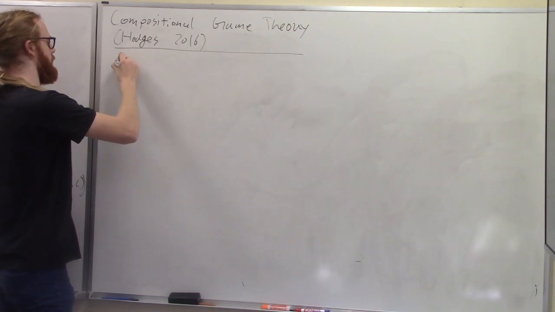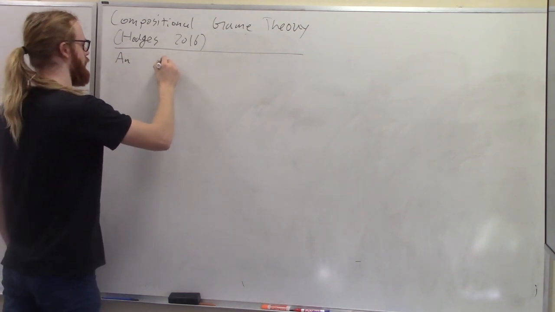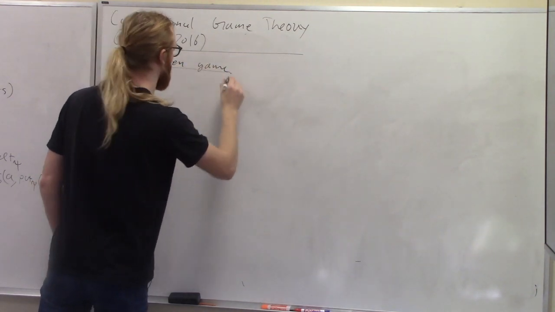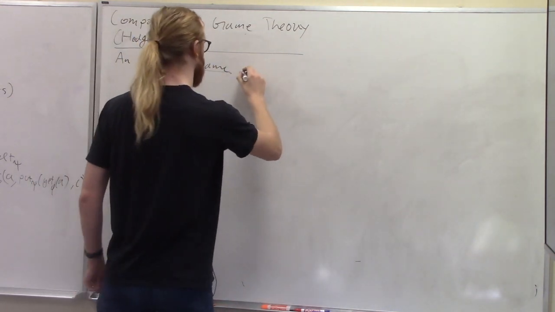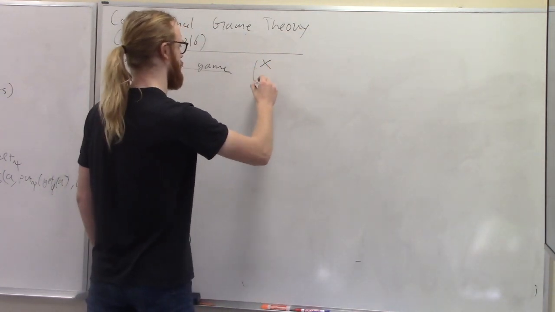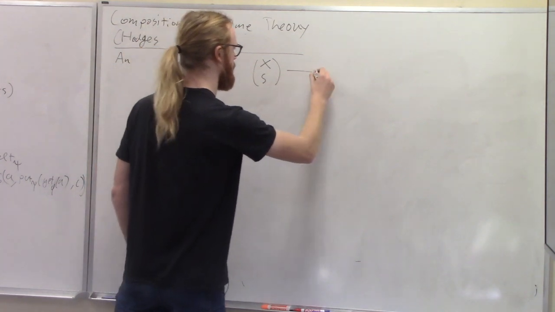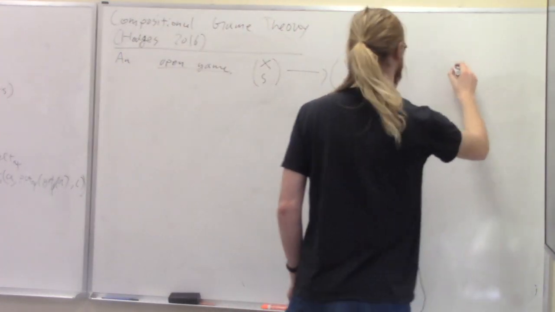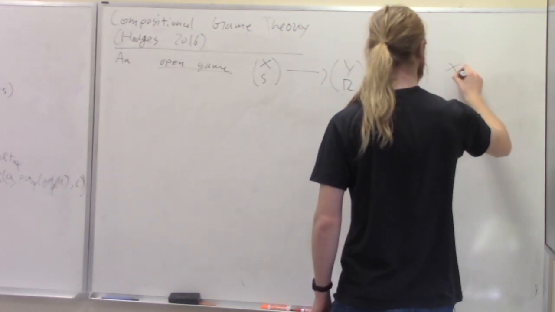So an open game, this is like a morphism in a category, goes from (X, S) to (Y, R), and again, all of these things are supposed to be sets.